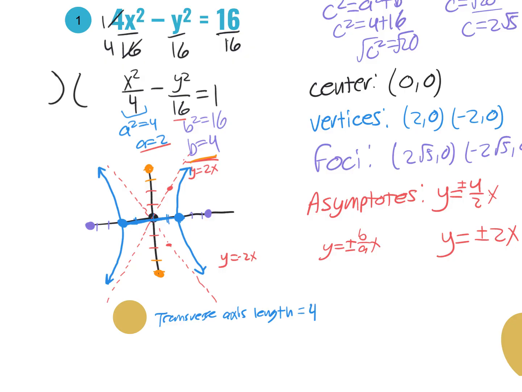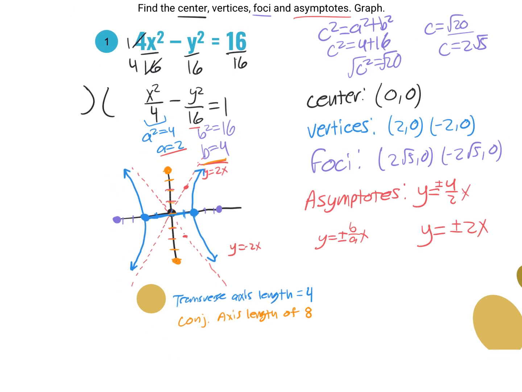We have a conjugate axis length of 1, 2, 3, 4, 1, 2, 3, 4, so 8 units, right? So conjugate axis has a length of 8, right?